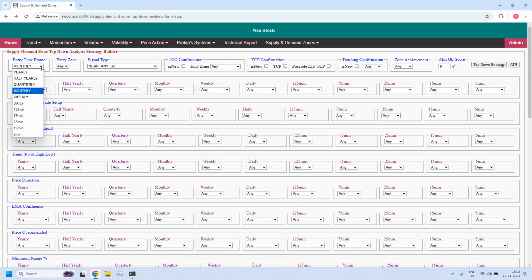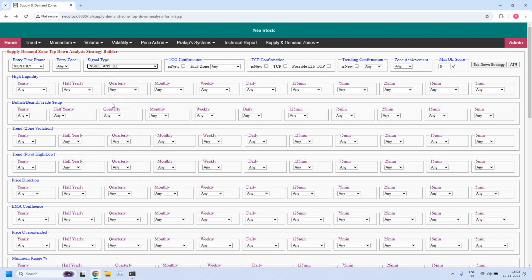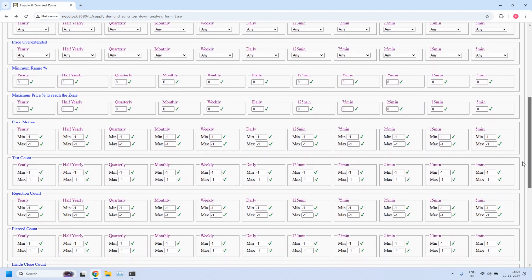Next monthly time frame, let's find the stocks price closed inside the monthly demand zone, but let us eliminate the pierced monthly demand zones. So pierced count I need to set on monthly time frame, minimum value 0 and maximum value 0. That indicates zone is not pierced.